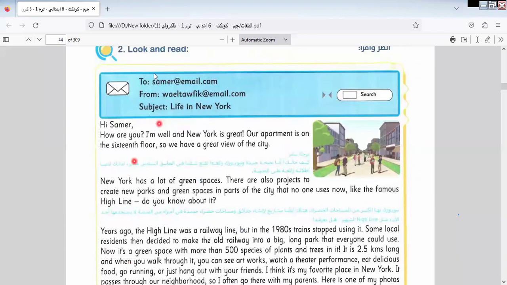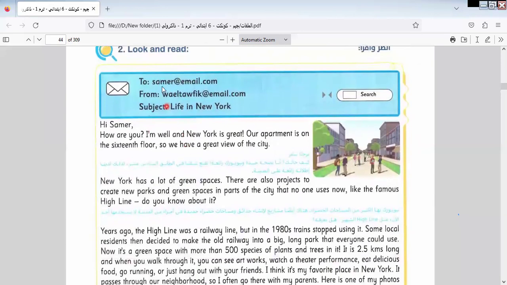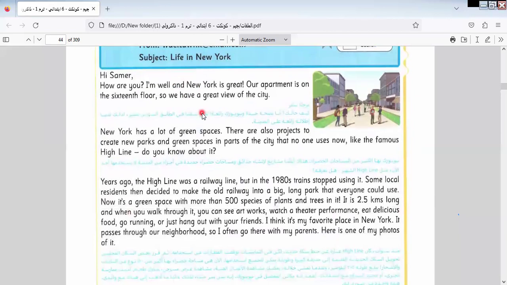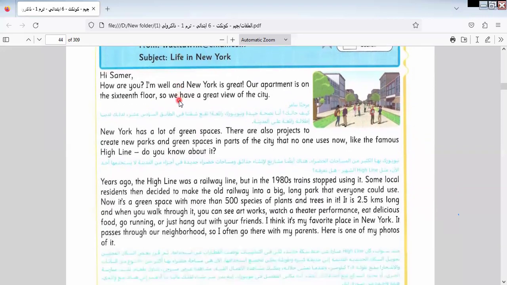Here we have the style of how to write the email. Here we have to and from. To someone, from the someone who wrote this letter, and the subject, the topic that I would like to talk about. In the exam, you can't write your name because it's signed in the paper. In the exam, your name and your friend's name are both written in the paper, so write it here.